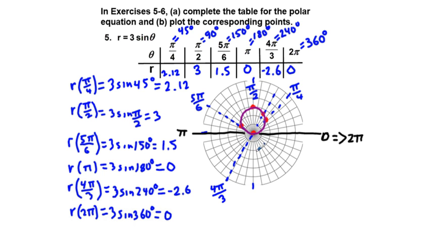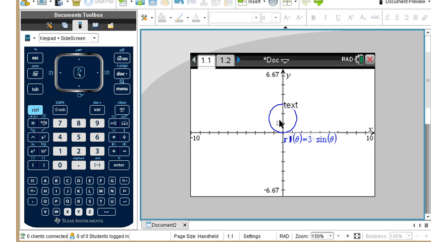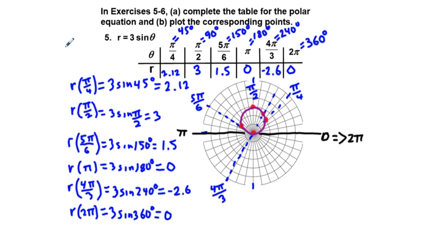And just to verify what that looks like, before I started this video, I went and made a polar equation graph, which I go back to here, and that's r of theta equals 3 sine theta. So we see this circle just above the x-axis and touching with a diameter of 3. So that fits quite well.